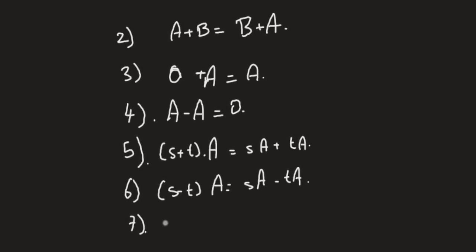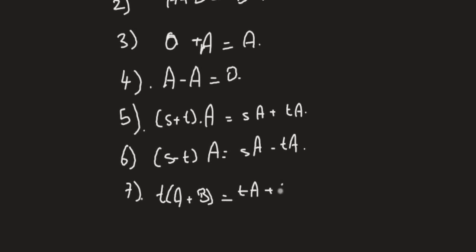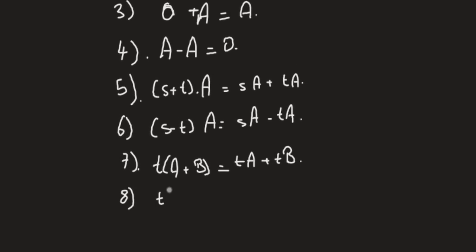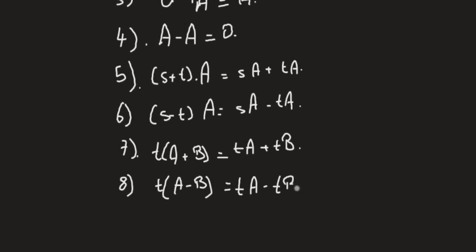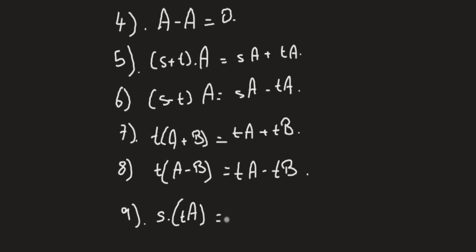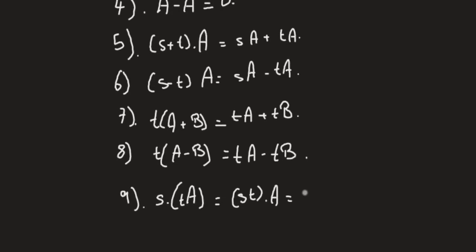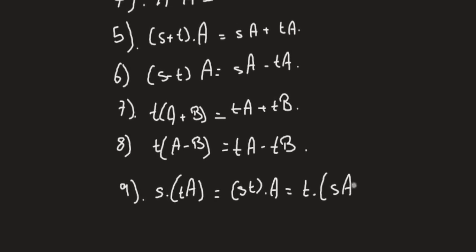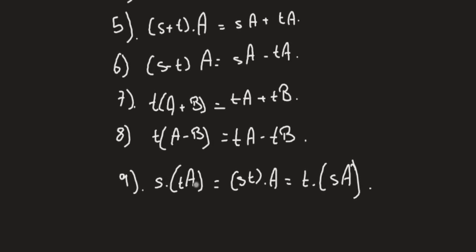So let's say you've got t times A plus B, and it's tA plus tB. 8, you say the same thing with subtraction. t times A minus B is tA minus tB. 9, s times tA is the same as st times A, which is the same as t times sA. Okay, so it doesn't matter which scalar you multiply first with the matrix.